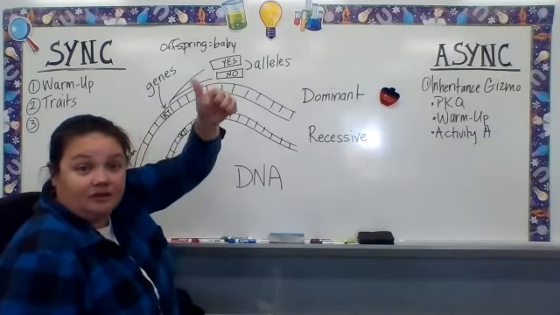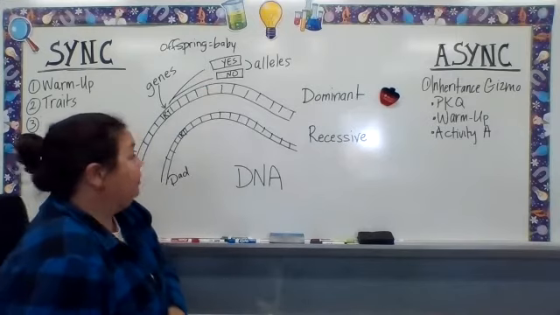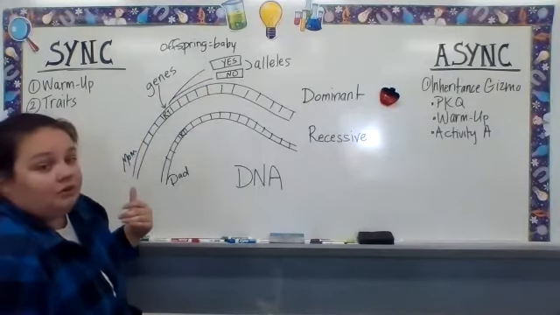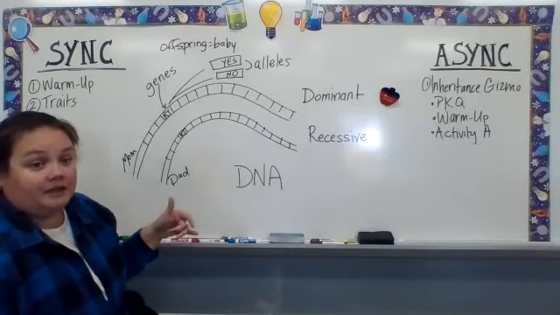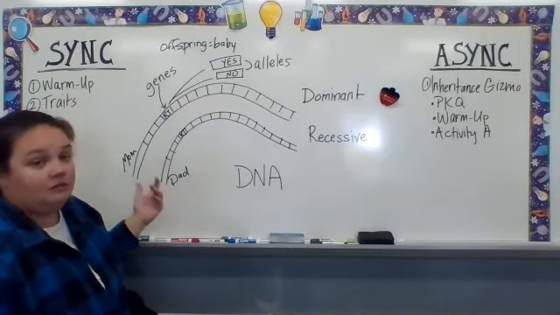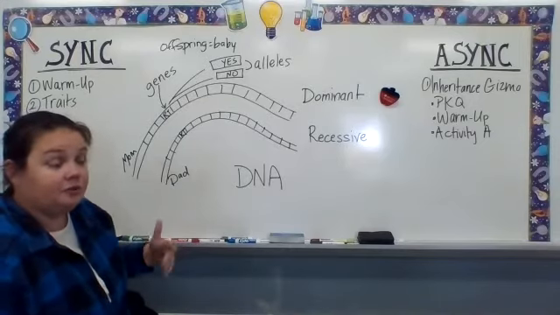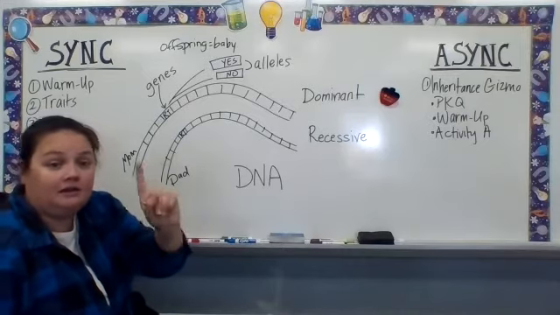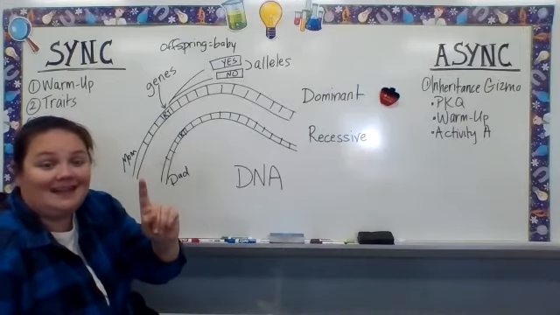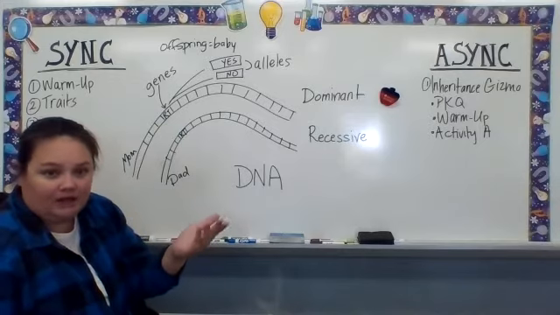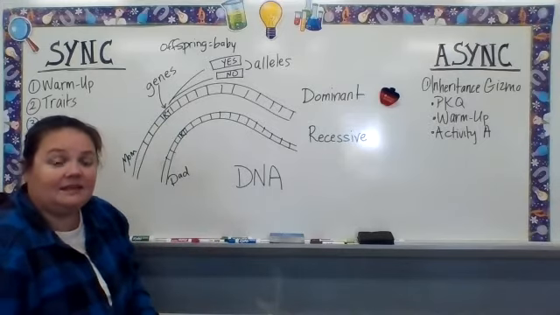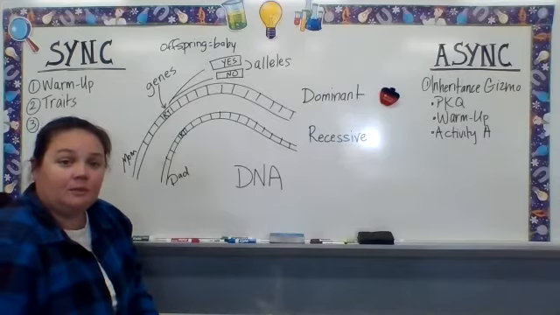I need to see thumbs up and thumbs down that you're with me. Okay, good. If you reproduce asexually, all of your DNA comes from one parent, so it is genetically identical to the parent, meaning it is the exact same DNA that the parent has. Thumbs up if you're with me.